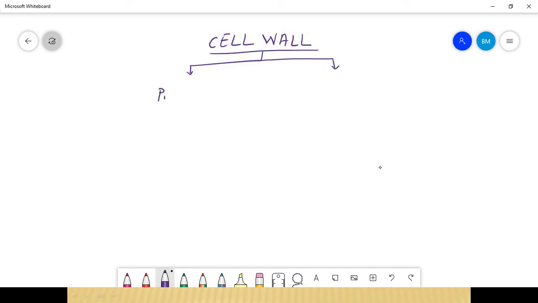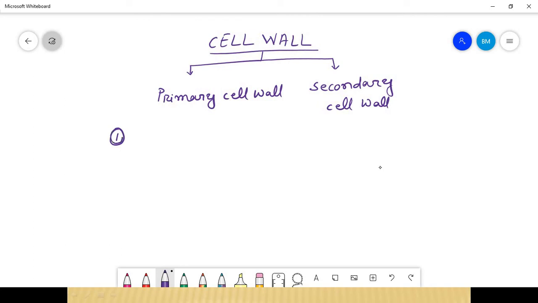One is the inner side primary cell wall, and the second one is the secondary cell wall. Another structure is the middle layer, which is present above the primary cell wall, and inside the primary cell wall there is the plasma membrane.